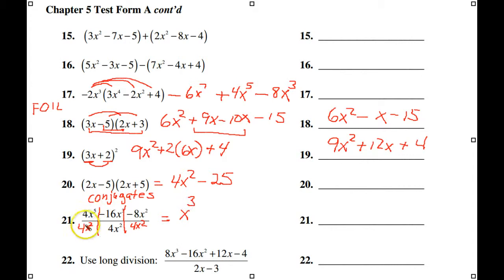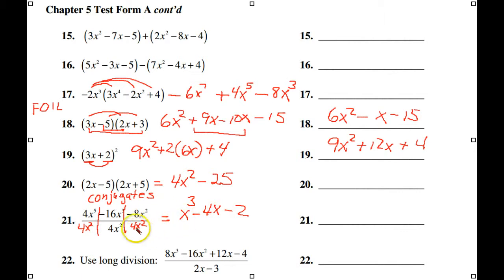As we simplify this, this is going to become negative 4x. As we simplify this, 4 goes into 16 4 times, it's going to be negative. 2 from 3 leaves me with a 1 that we don't write. And here, all we're left with is a negative 2, because the x squares cancel out, and we get that.